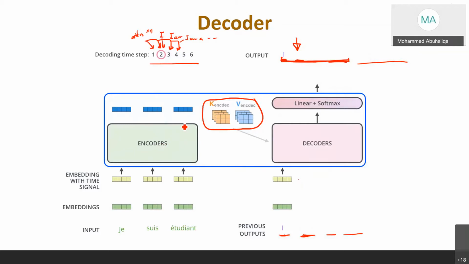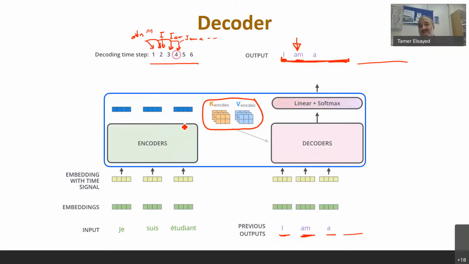Ask me, please, because this is a very important point to understand how the decoder actually works. Of course, we omit lots of details. You can read the paper if you want the details, but this is the very high-level gist of it.